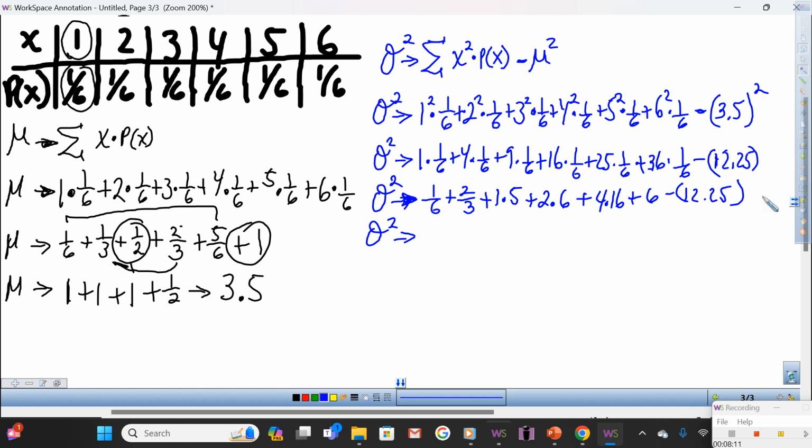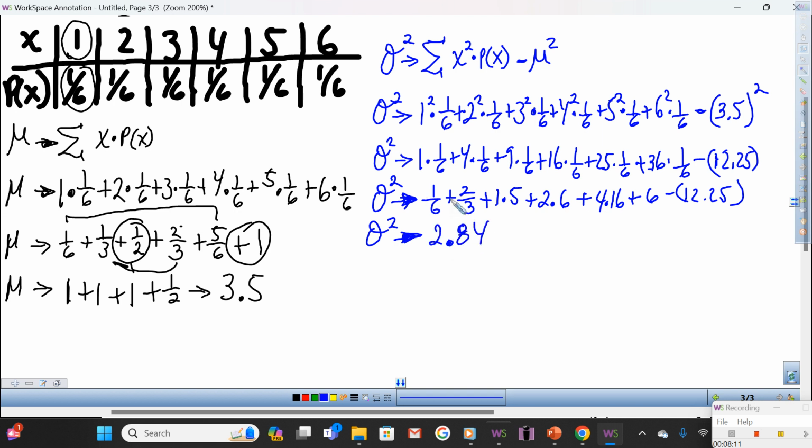All right. Compute all that on your calculator so you can give me a number, please. What is it? 2.84.